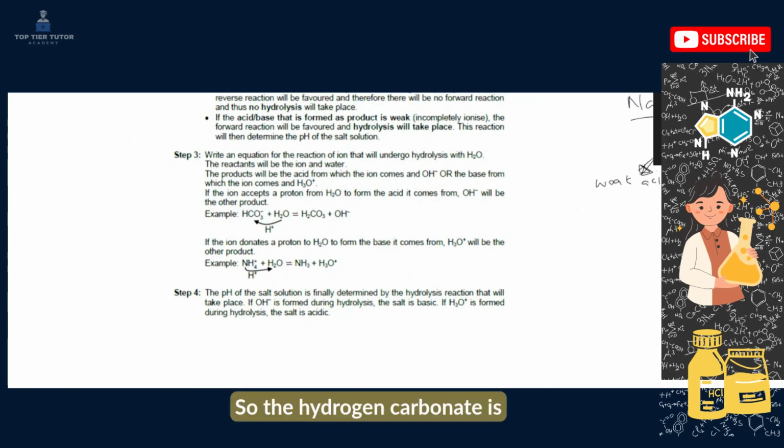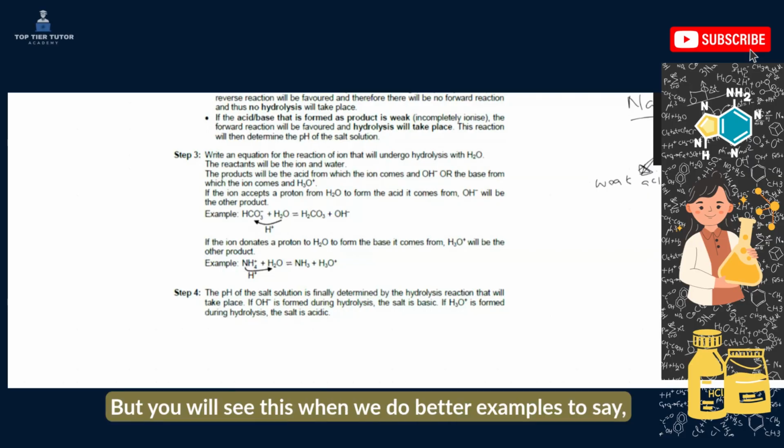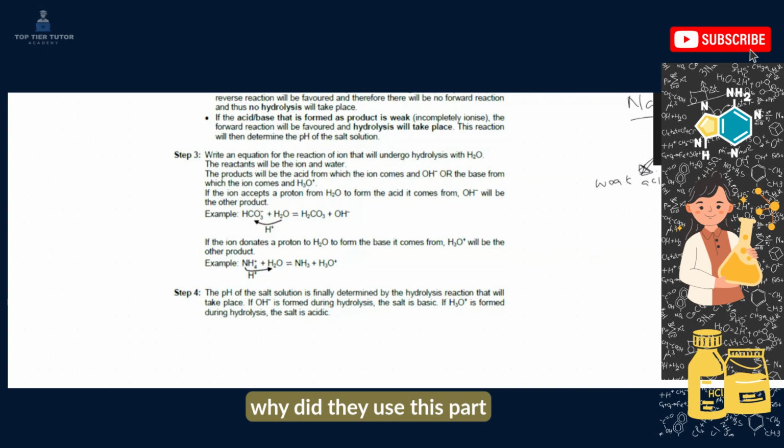The hydrogen carbonate is coming from a weak acid, and that's why we use it. You will see this when we do better examples, to understand why they used that part in the reaction.